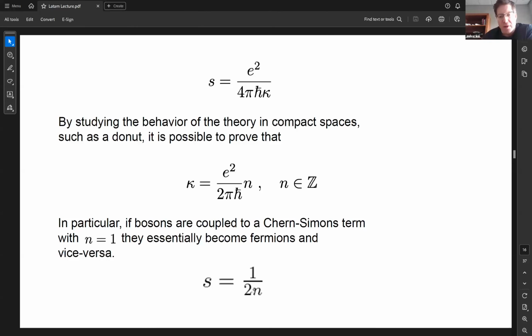In particular, n equals 1 corresponds to a fermion, and n equals infinity corresponds to a boson. Okay, I should have probably added it on the slides, but I'll write it in the chat. N equals 1 is a fermion, n equals infinity is a boson.